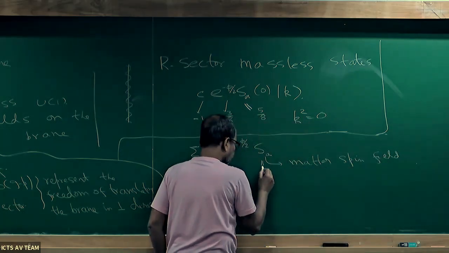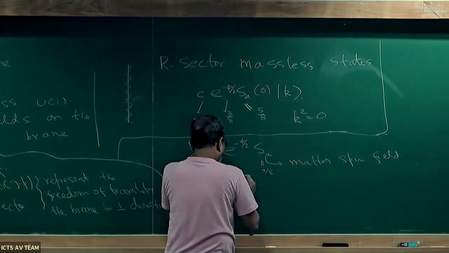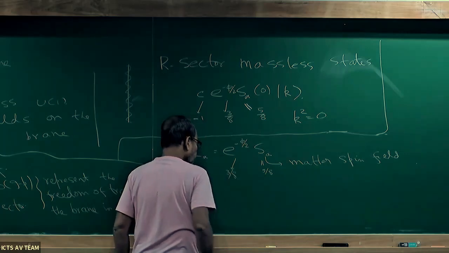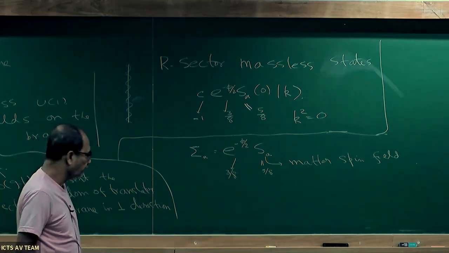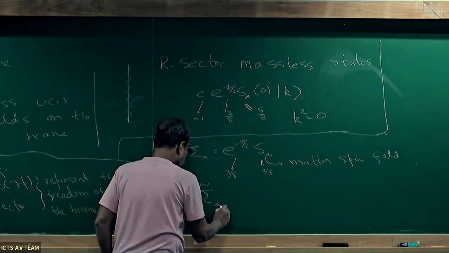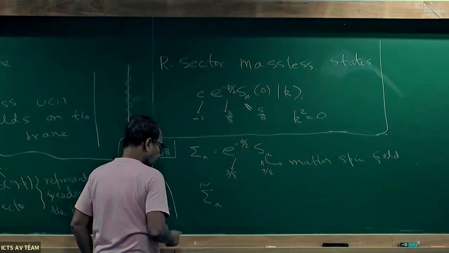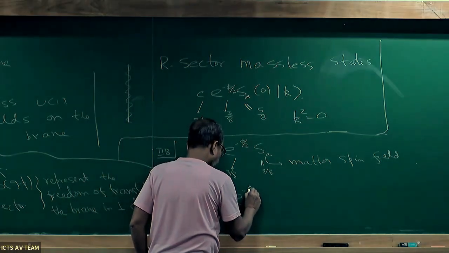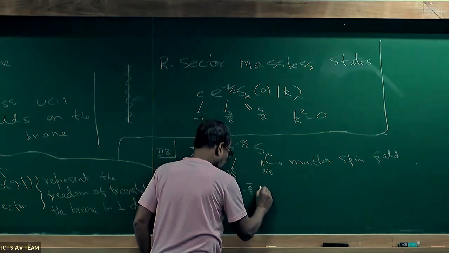This has dimension 5/8, and this is dimension 3/8. So this is a dimension 1 current. And then we have sigma tilde I. Let's work with 2B so that there's no confusion. Let's suppose you have sigma tilde I, which is e to the minus phi bar by 2 times S tilde I.